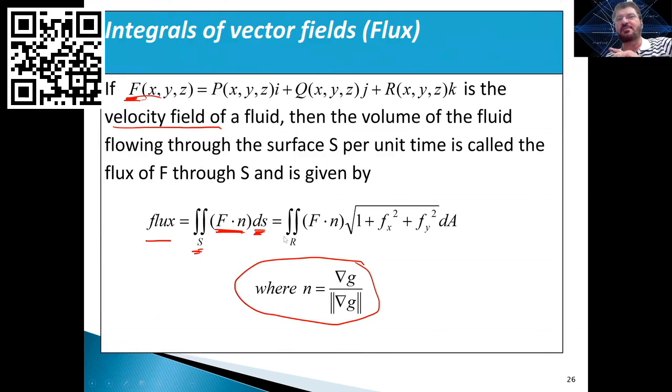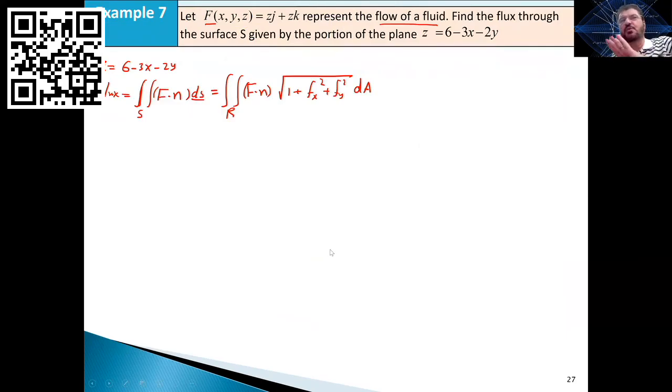So if you go back here, here it is. dS is equal to all of that. Now it's becoming easy to find. The first thing I would do is to think of N. What's N? The gradient of g over the magnitude of the gradient of g.